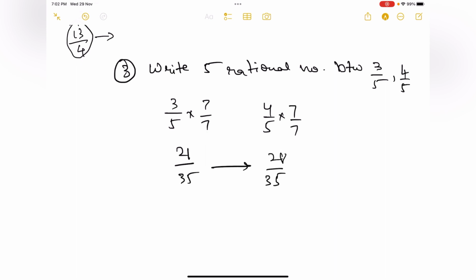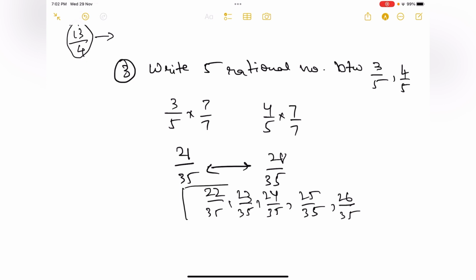So what are the rational numbers in between these two? You can say 22 by 35, 23 by 35, 24 by 35, 25 by 35, 26 by 35. That makes it 5, right?